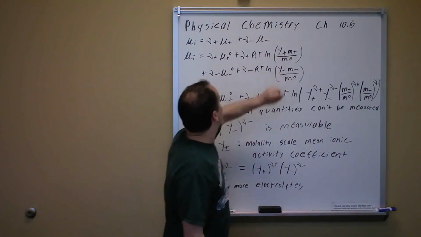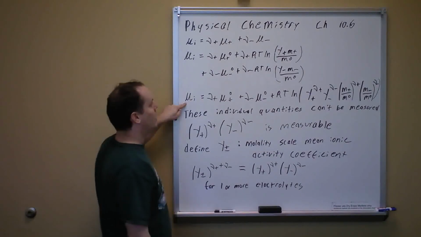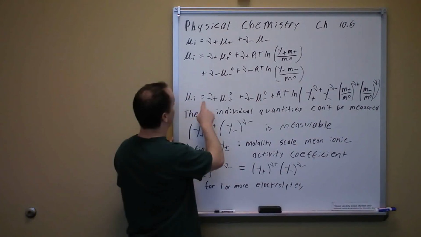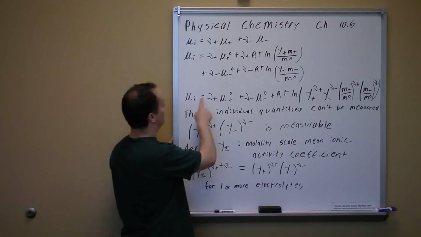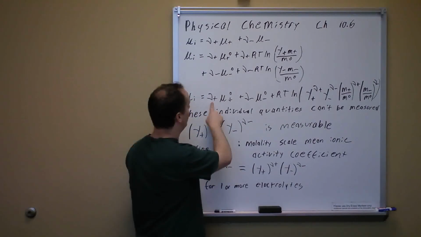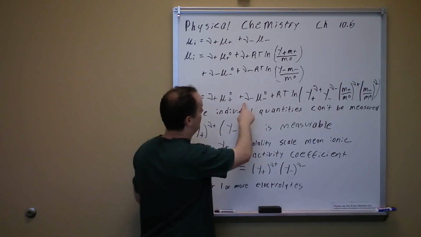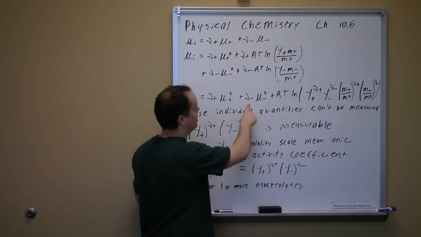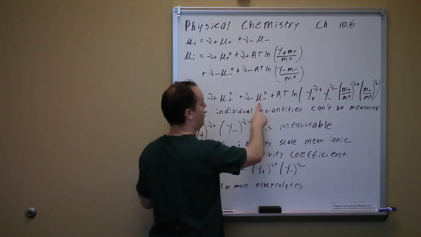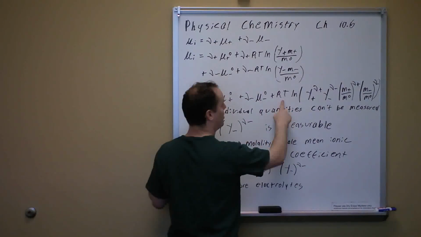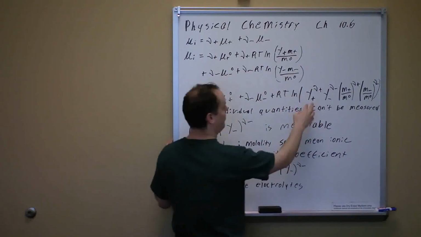We can combine all this, simplify it a bit. It looks scarier, but it's going to be useful. So we have the mu I, or chemical potential of our electrolyte, is equal to the stoichiometric coefficient of the cations times the chemical potential of the cations in the standard state, plus the stoichiometric coefficient of the anions times the chemical potential of the anions in the standard state, plus R times the temperature times the natural log.